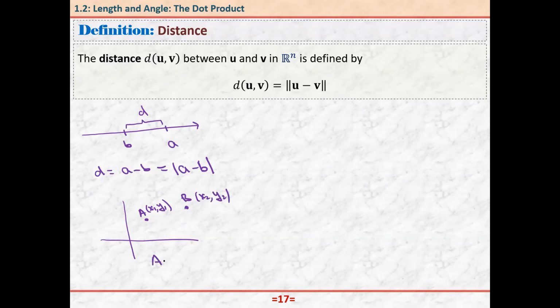From coordinate geometry, the distance between these 2 points, where we put these vertical lines, is the square root of x1 minus x2 squared plus y1 minus y2 squared.